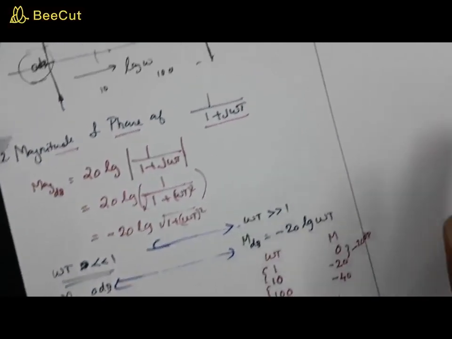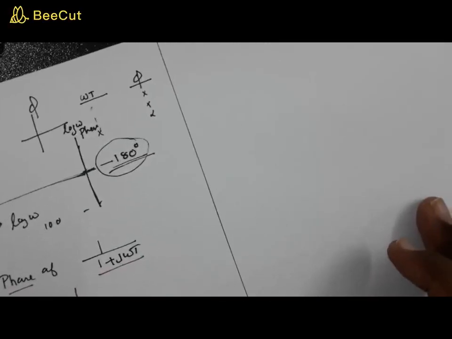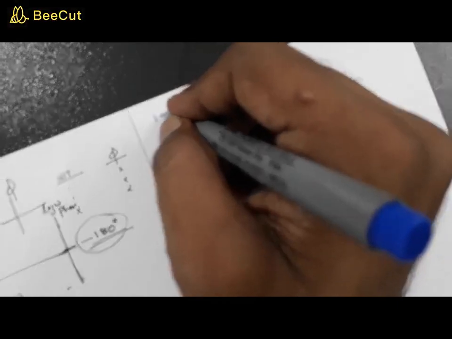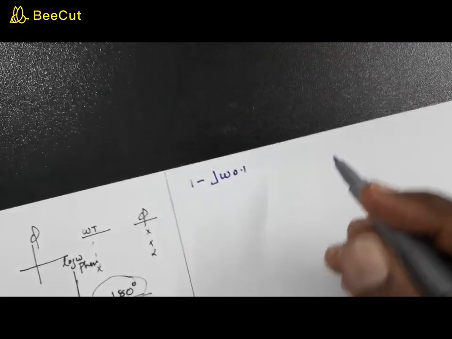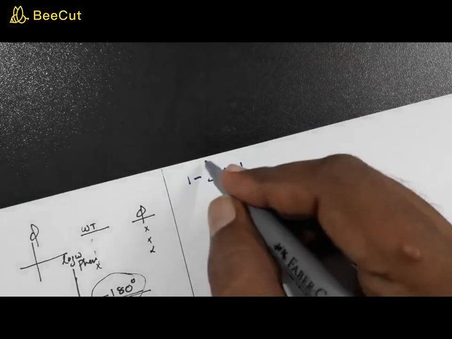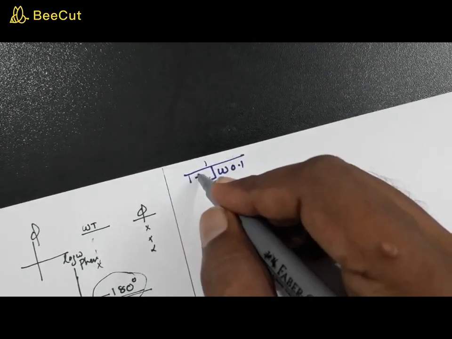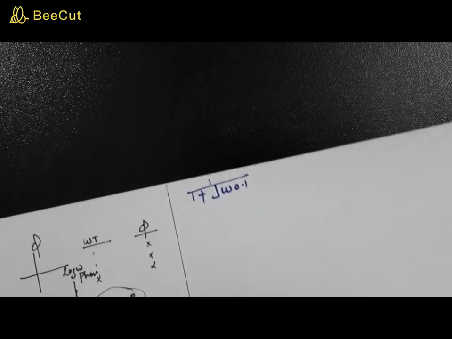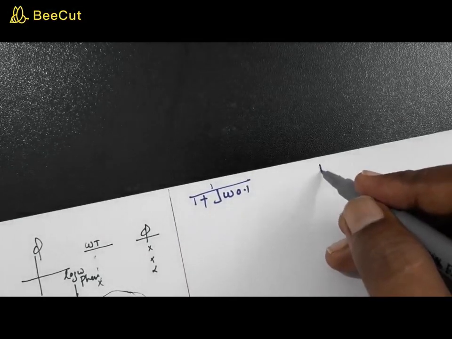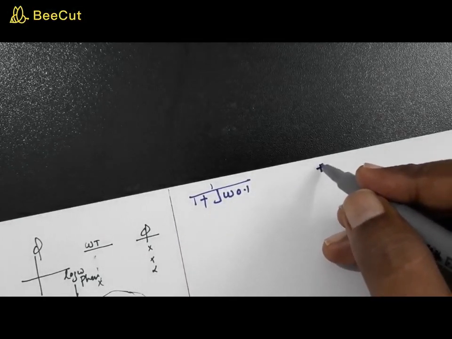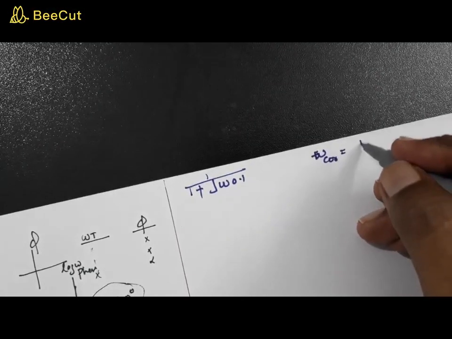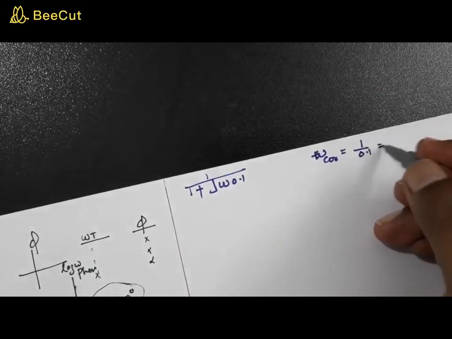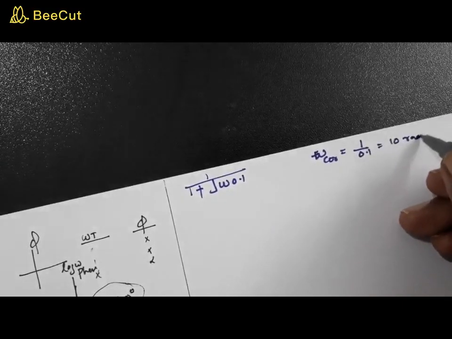Just to give you one example, say 1 by 1 plus j omega 0.1. What is the corner frequency of this? The corner frequency is equal to 1 by 0.1, or 10 radians per second.